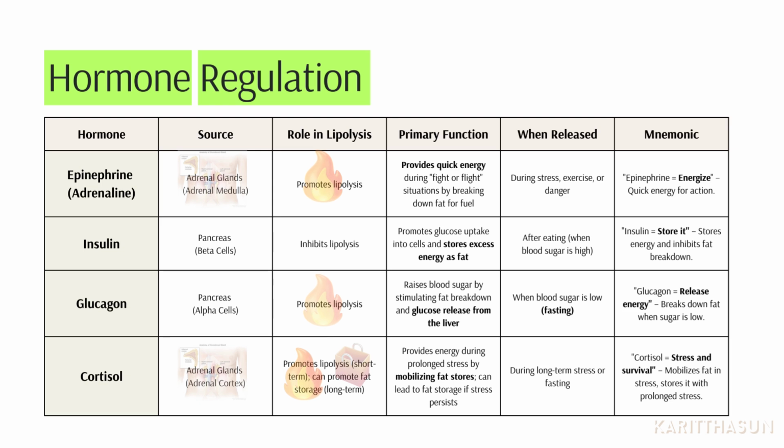Glucagon stimulates fat breakdown when blood sugar is low. And cortisol has a dual role. It promotes fat breakdown during short-term stress, but can lead to fat storage if stress persists. These hormones ensure that fat is broken down or stored according to the body's energy needs.